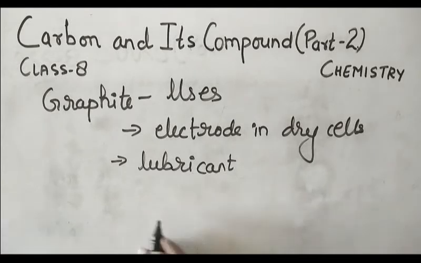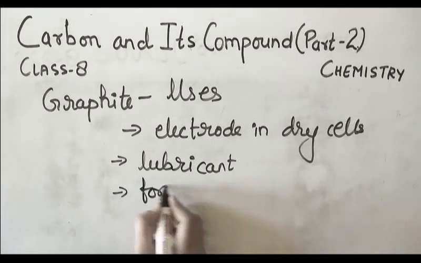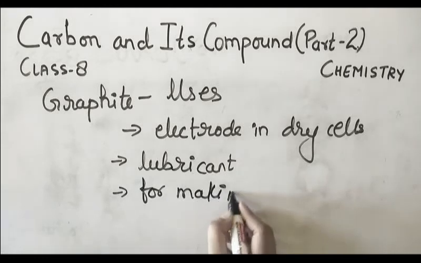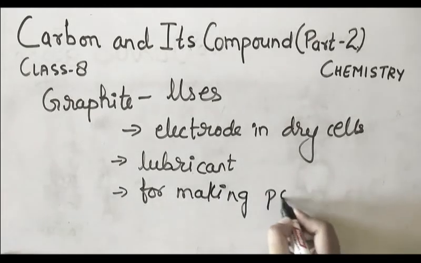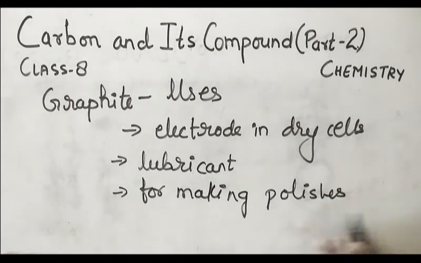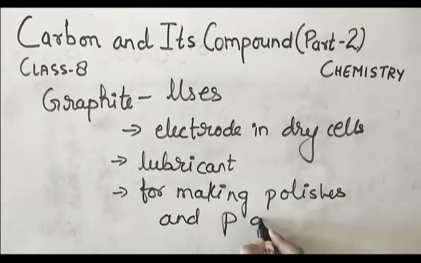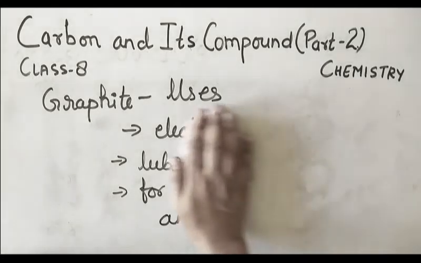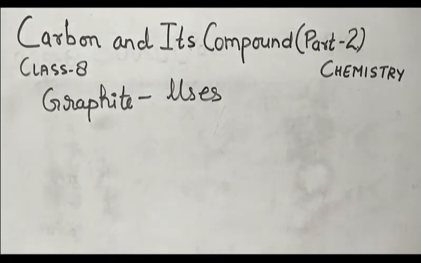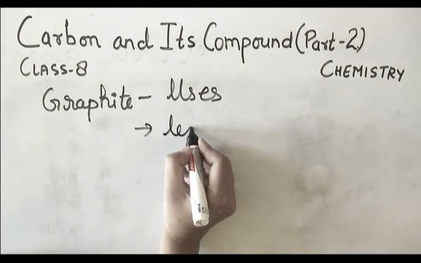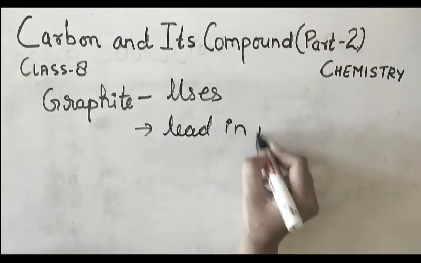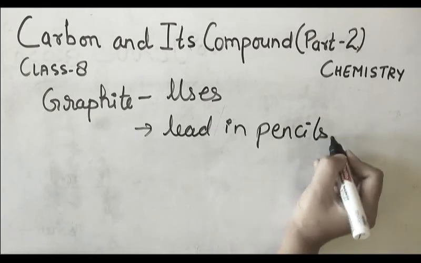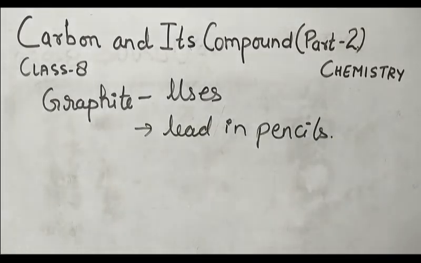It is also used for making polishes and paint. It is mixed with clay and used as lead in pencils, which everyone uses. So this is all about the uses of graphite.